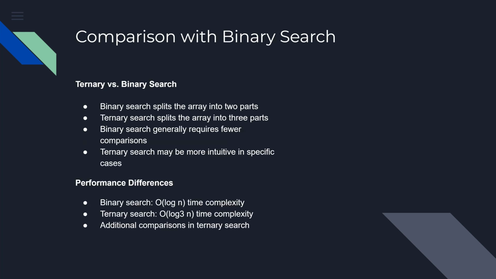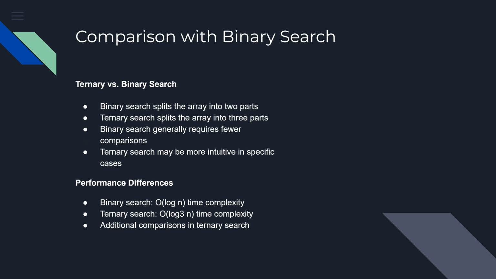All right, so we then can compare it to a binary search, right? So ternary search and binary search both use that divide and conquer principle, but with slightly different approaches, right? So binary search splits the array into two parts and has a time complexity of O of log n, or big O of log n.